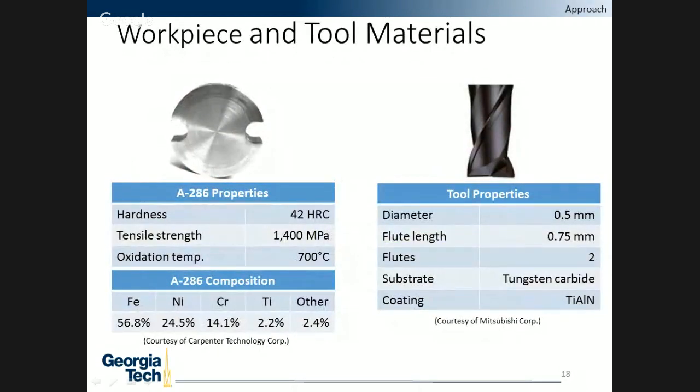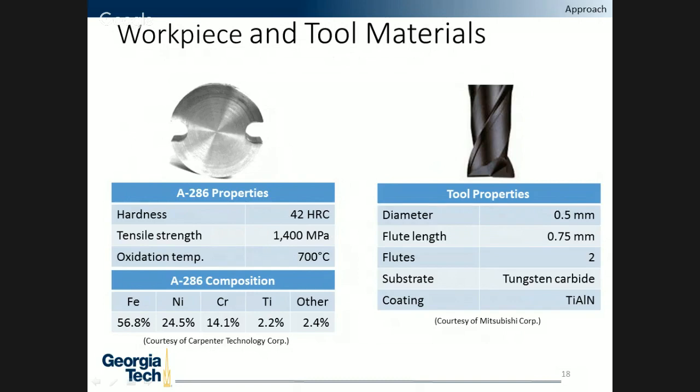And as part of the approach, the workpiece that we chose is A286. It is very commonly used in the aerospace industry because of its very high tensile strengths, and it has great corrosion resistance as shown by the oxidation temperature.